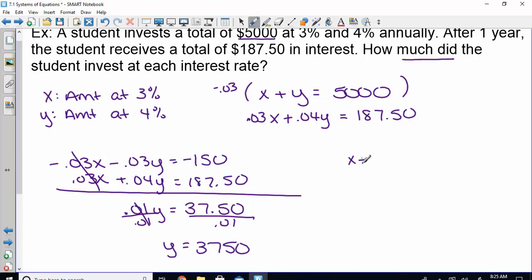So then you need x. If I subtract that over, you get 1,250.